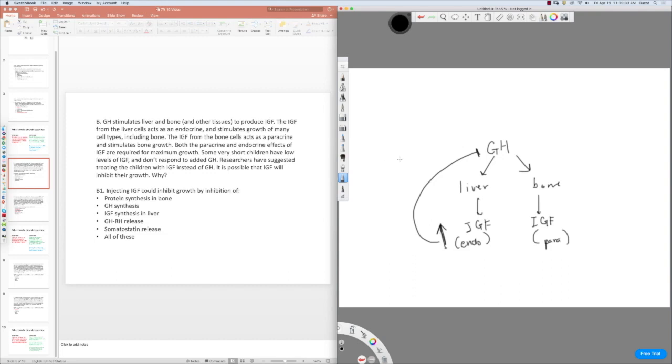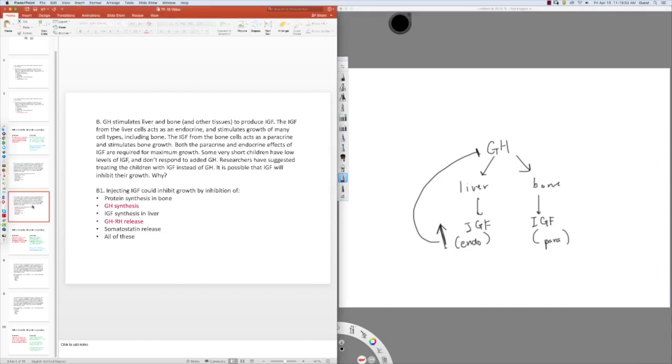Now let's see how we did. Again, same as before, we've got half of the answer, which is GH synthesis, but we also missed out on GHRH release. Now let's go back to our diagram and see why that's the case.